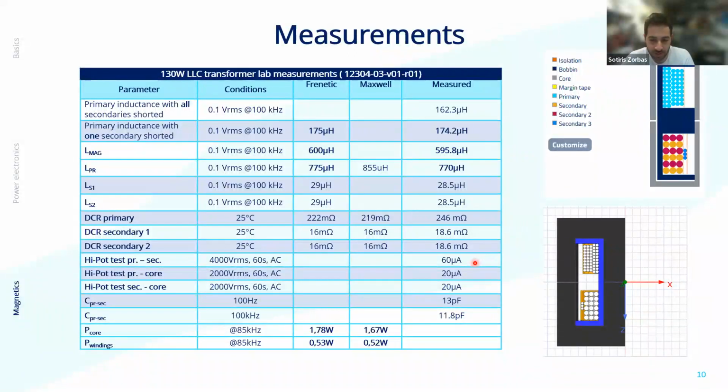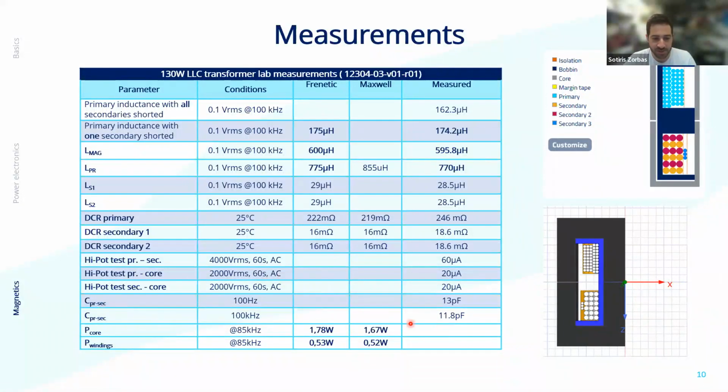This is measured with a leakage current of 60 microamps, which is well below the 1 milliamp threshold that we have set as pass or fail. And hipot testing was performed with the primary and the core, and with the secondary and the core, respectively, 2 kilovolts in each case. Again, the same conditions, and you can see here the leakage is even lower, as expected.